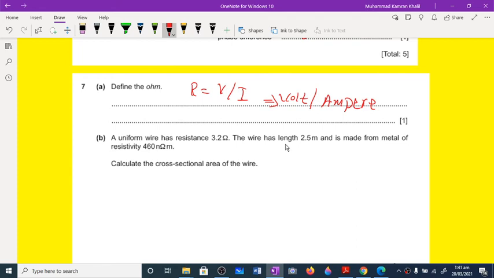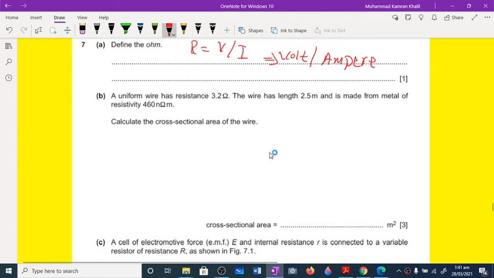This question is also easy, related with part A and part B. The rest of the part is also easy, not so difficult. The resistance is given, the length is given, the resistivity is given, all SI units are given, and the cross sectional area is required.